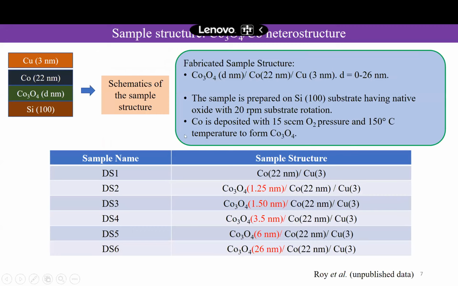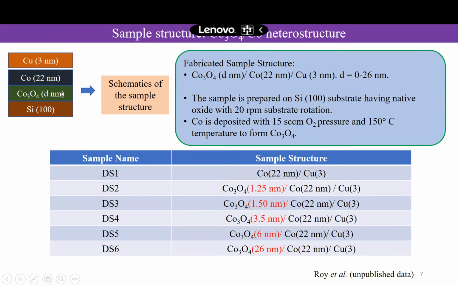Now in this work, the sample structure which we have studied is on top of a silicon substrate. We have deposited Co3O4 of varying thickness, and on top of Co3O4 we have deposited cobalt, and copper we have taken as a capping layer. Here Co3O4 is our material having the high spin orbit coupling, and cobalt is the ferromagnet.